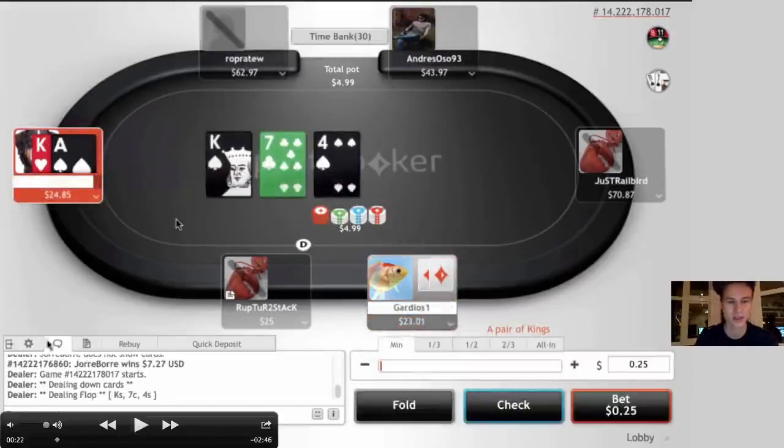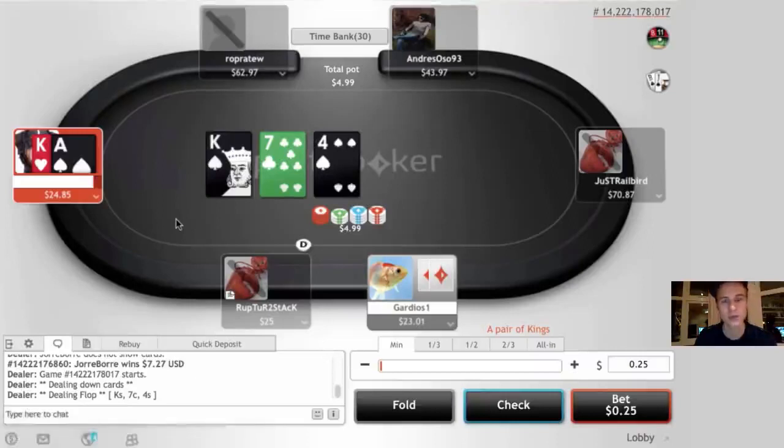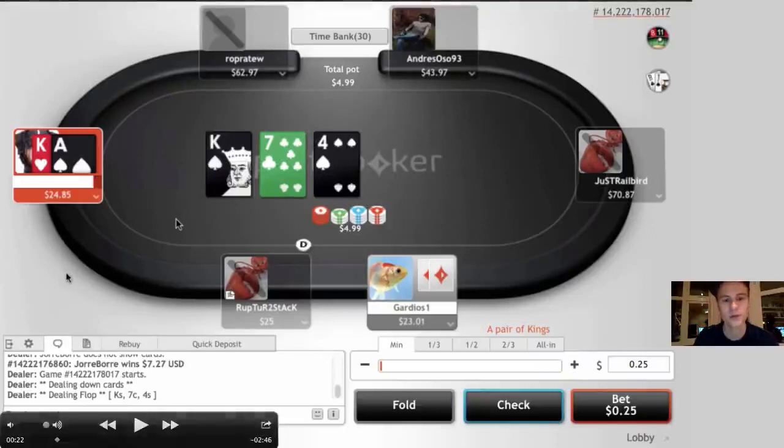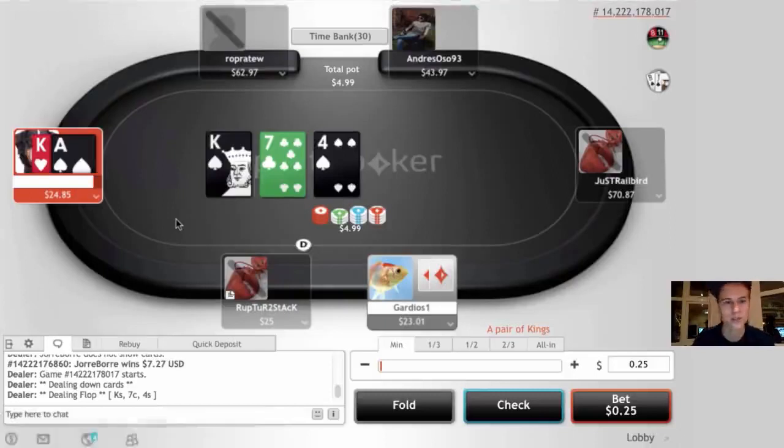Just want to mention that previously on this table I have been 3-betting quite a lot, so I had a loose image. When our opponent calls us here, we can put him on a range mostly consisting of some Broadway combinations, a lot of pocket pairs, and a few suited connectors as well.